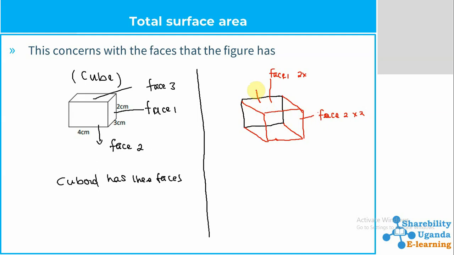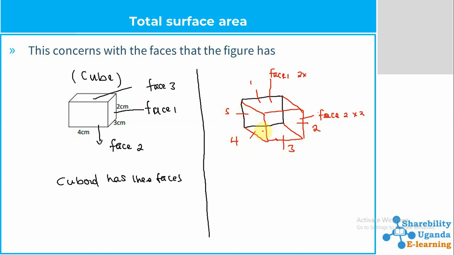Now when we count the faces, we count this as our 1, this as our 2, this as our 3, this as our 4, this one as our 5.